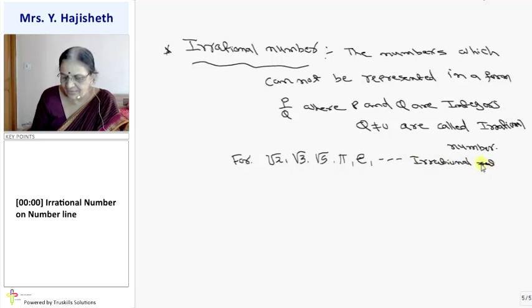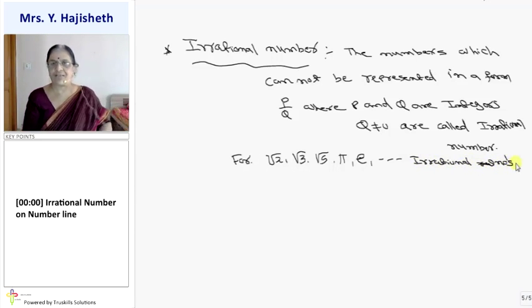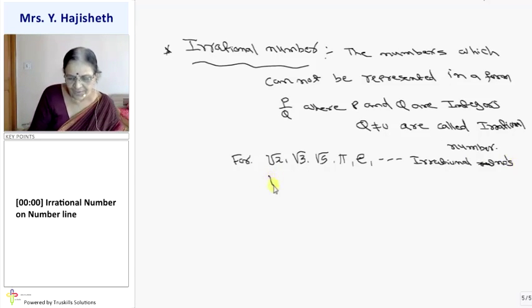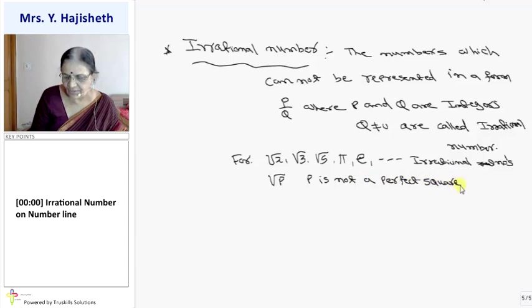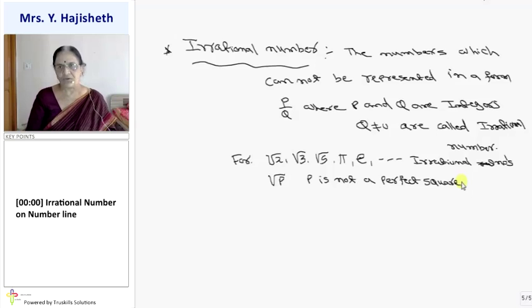So in general form I can write root p, where p is not a perfect square. So all square root are not irrational number, okay?